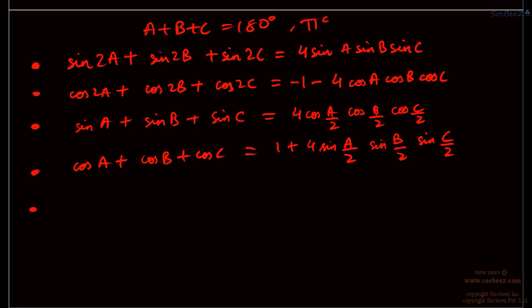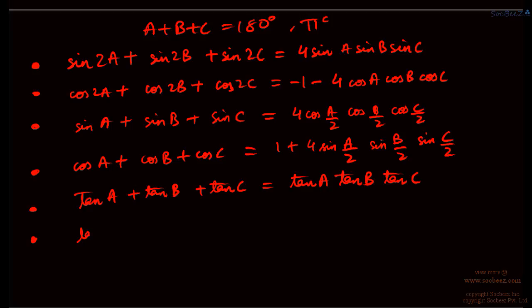Now, the next formula is one of the most important, not exactly a formula, it's actually more of an identity. So this is one of the more important identities. Tan A plus tan B plus tan C is actually equal to just the product of the individual tangents.